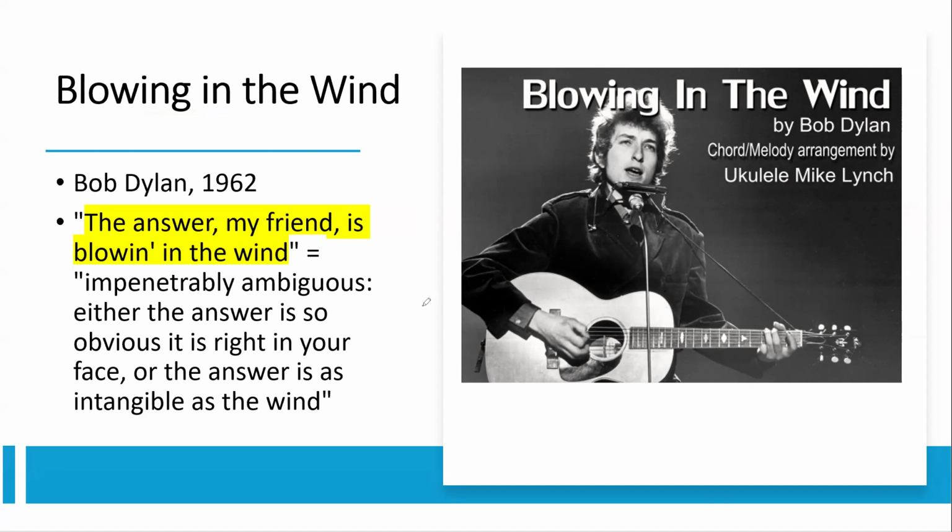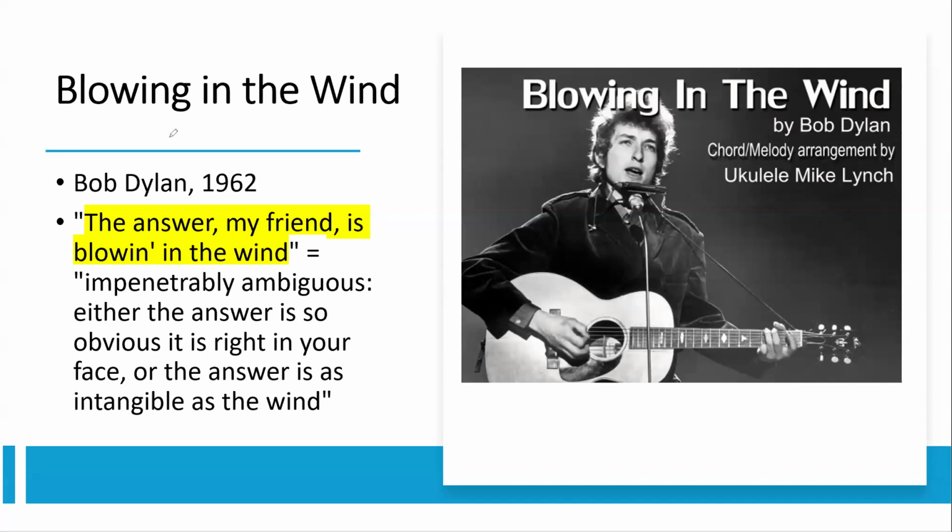Right? The answer is so obvious that it's right in front of your face, or the answer is as intangible as the wind. Well, that's the famous lyric. He wrote the song around 20 something, and it became one of the most famous songs. I like it a lot. Hope you like it too.